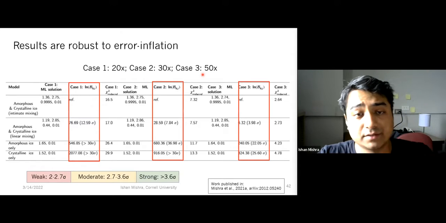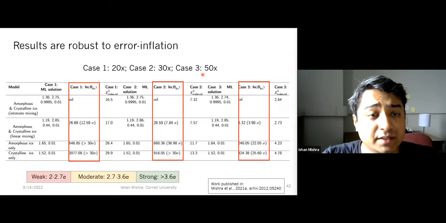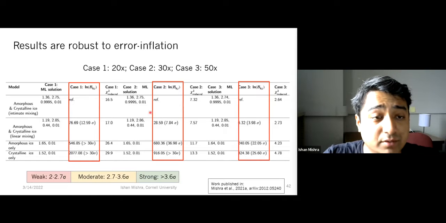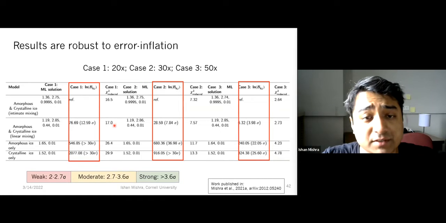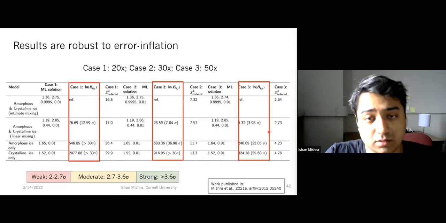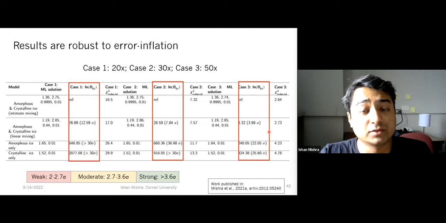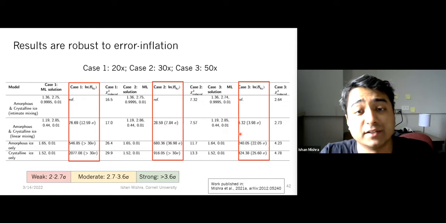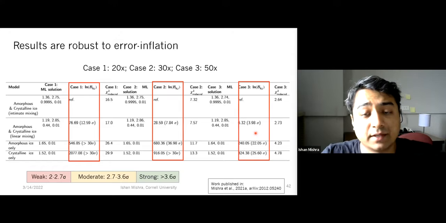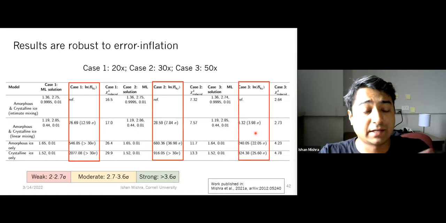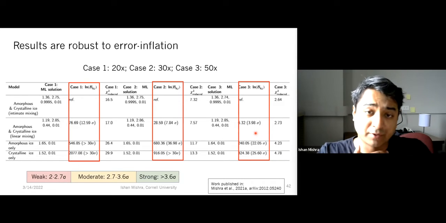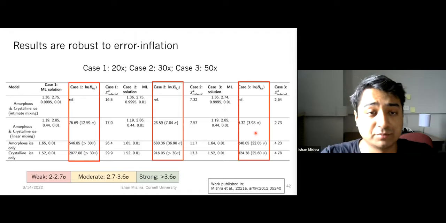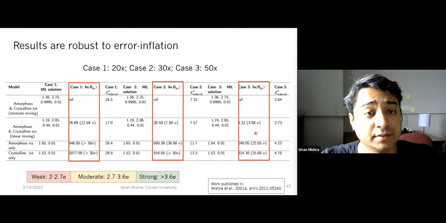And we found that our estimations were pretty robust, and our conclusions about which model is preferred were pretty robust. Of course, the degree of confidence goes down as you increase the noise in the data, because the algorithm has more difficulty telling models apart if the data is of poor quality, but we're still pretty consistent.